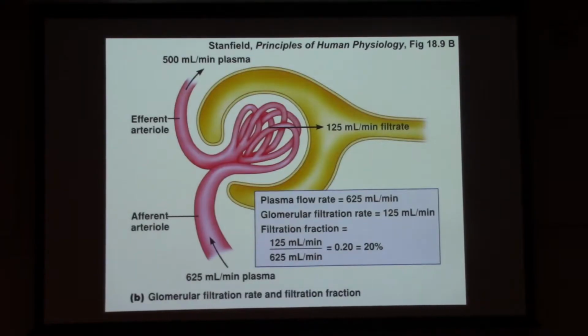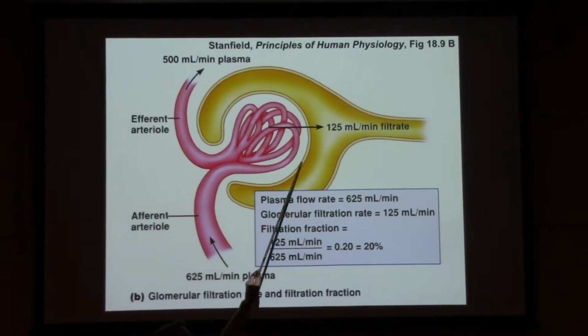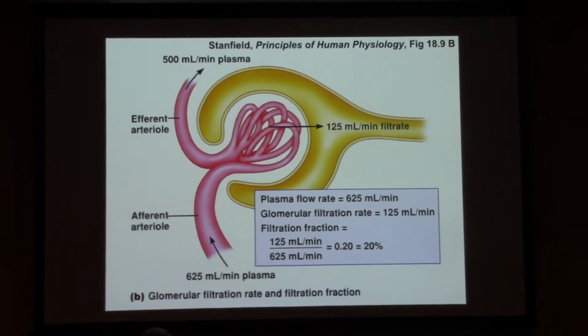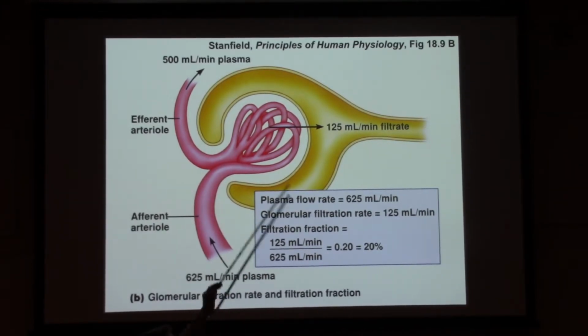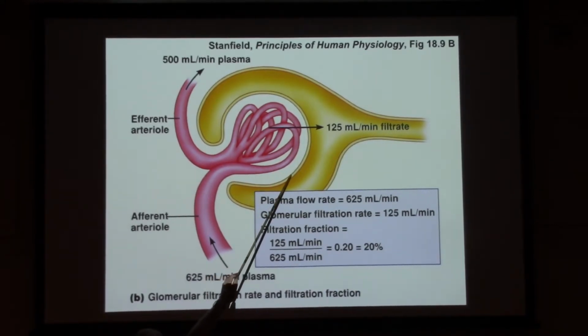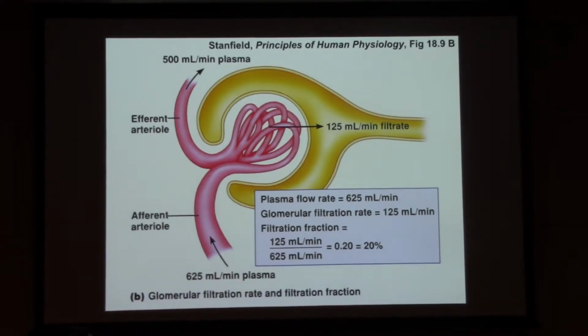All right, in this figure, again, we've got our glomerulus here. This inner yellow portion would be made up of those podocytes. They've sort of exaggerated the space between the two. But the cells that make up this inner portion will be wrapped around that glomerulus. So the cells that went across the wall of the capillary, across the inner layer of Bowman's capsule, would be in this space here, in that lumen.